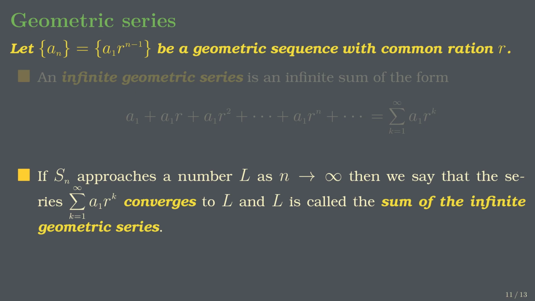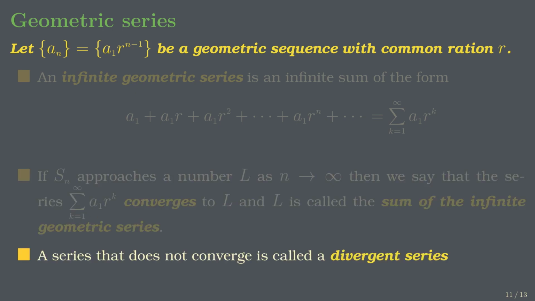So actually, now the symbol, the infinite geometric series, can be computed by computing the limit of Sn when n approaches infinity. When you know that the limit exists, then that number is the sum of the infinite geometric series. Okay, so a series that does not converge is called a divergent series.